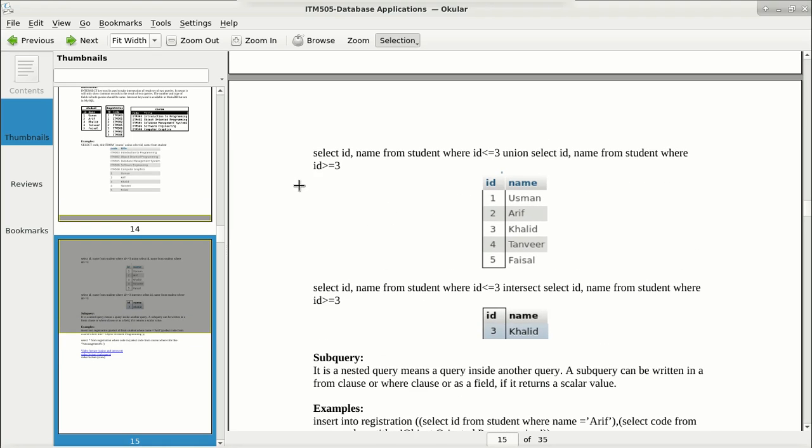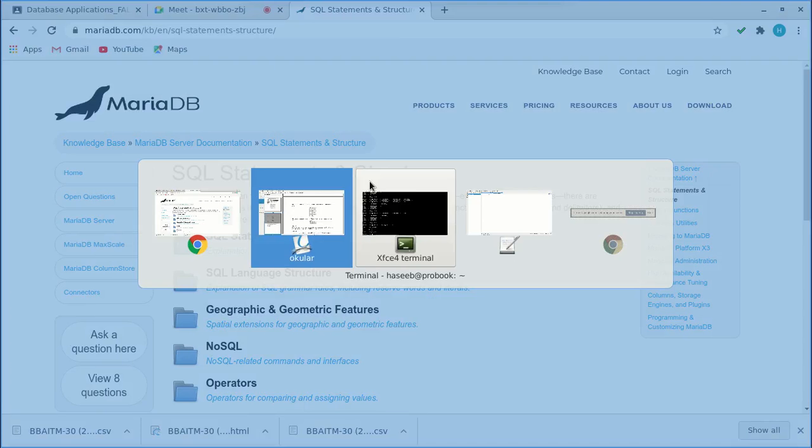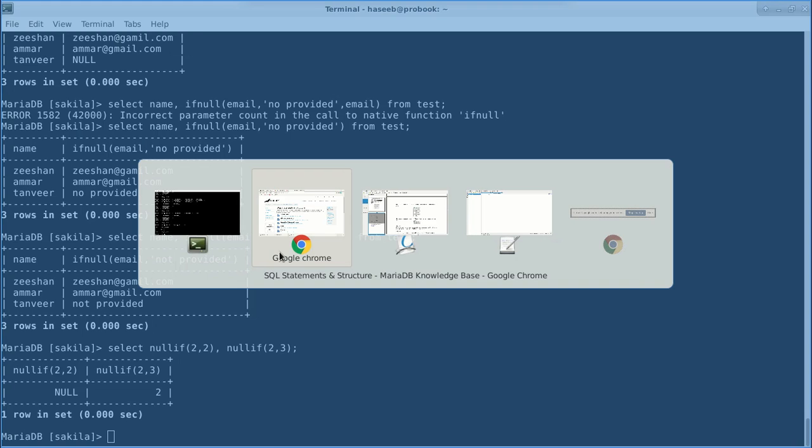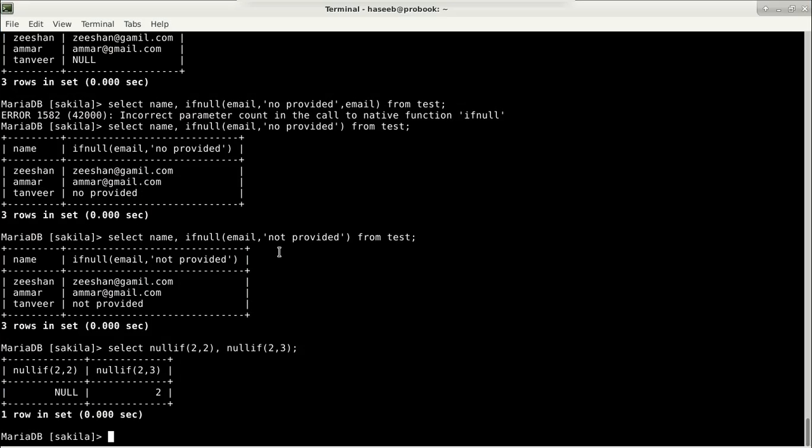This is another example. Actually I am not writing the practical examples here because in this database, okay, we can check out the design of the database and see where we can apply or practice the union and intersection of the queries.